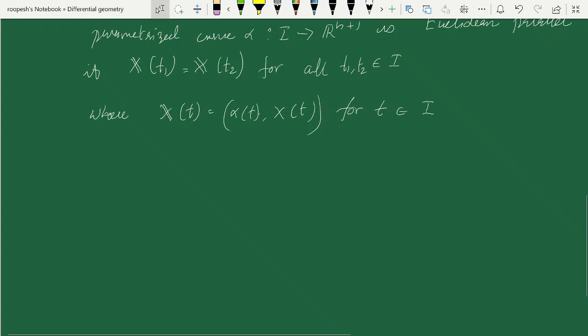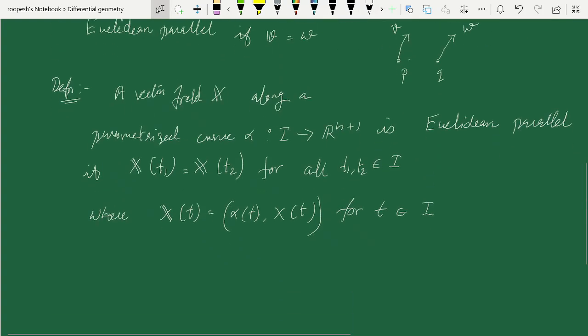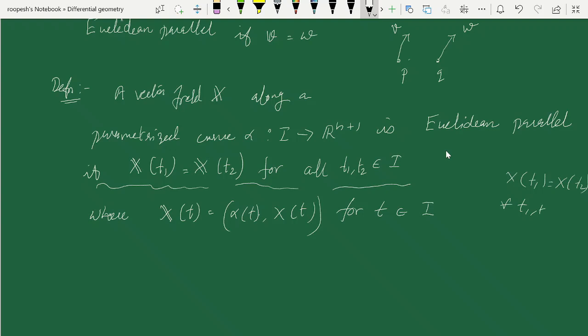So whenever we are dealing with vector fields, we will say that a vector field along a parameterized curve alpha is Euclidean parallel whenever X(t1) equal to X(t2) for all t1, t2 belongs to I. So this is the condition.